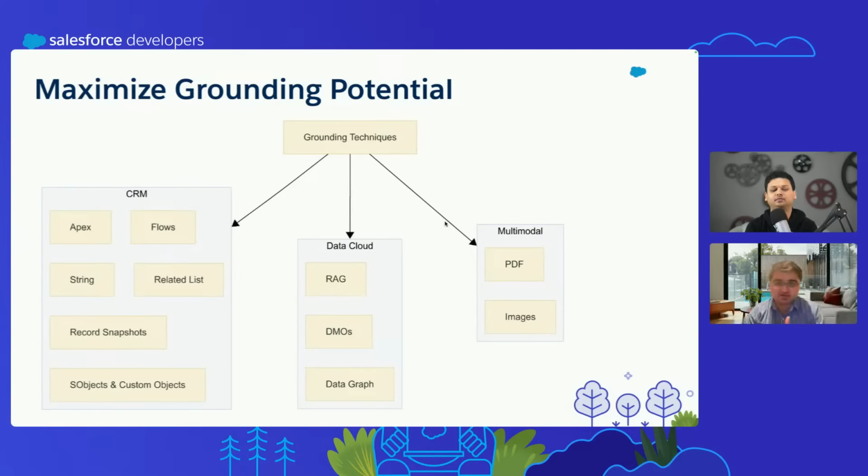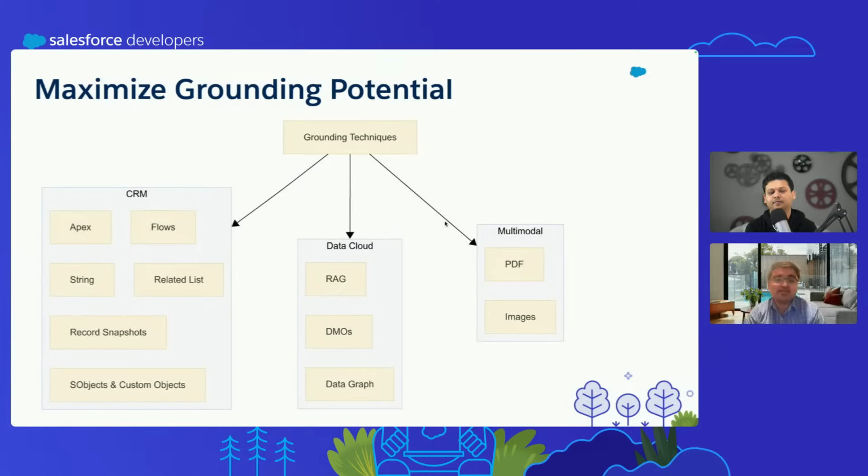So that's part one. Part two is data that's more unstructured, data that's often stored in Data Cloud. So this is information that doesn't fit cleanly into your CRM, but is relevant for Data Cloud because that's where you store it or that's where you use our zero copy ecosystem. So think things like retrieval augmented generation and data graphs. Finally, say you have information that isn't even text.